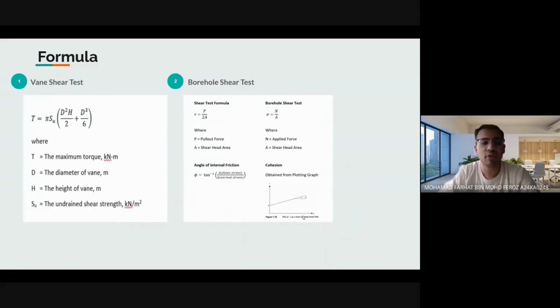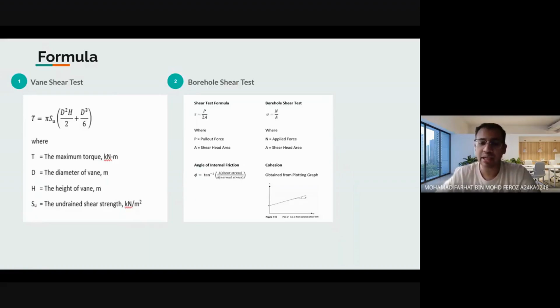Next is the formula. For the vane shear test, to find the undrained shear strength, we use the torque equation, where T is the maximum torque in kilonewton meter, D is the diameter of the vane in meters, H is the height of the vane also in meters, and Su represents the undrained shear strength in kilonewton per square meter. For the borehole shear test, the result relies on the relationship between normal stress and shear stress.